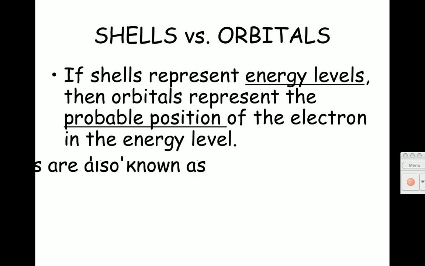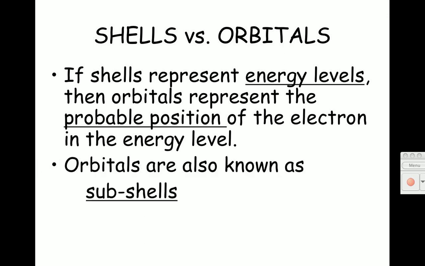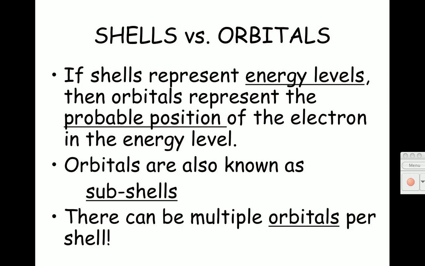Orbitals are also sometimes called subshells, because we can have different types of orbitals at each shell, and each shell has different types of orbitals present. So there can be multiple orbitals per shell, and I think it'll make more sense when we go through this level by level.